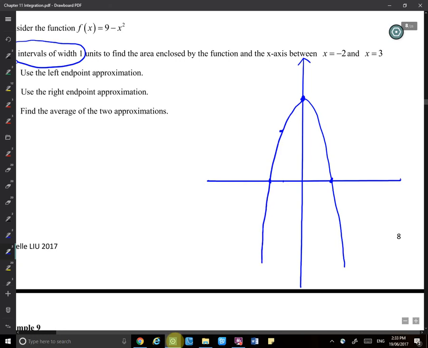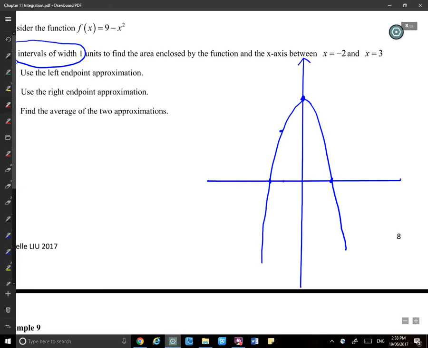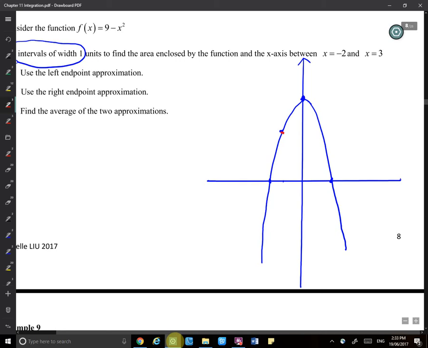So what is the area you're trying to estimate? The area you're trying to estimate is from -2 to 3. So -2 is here and 3 is here. That's 0, 9, that's 3, 0, that's -2 and 5.